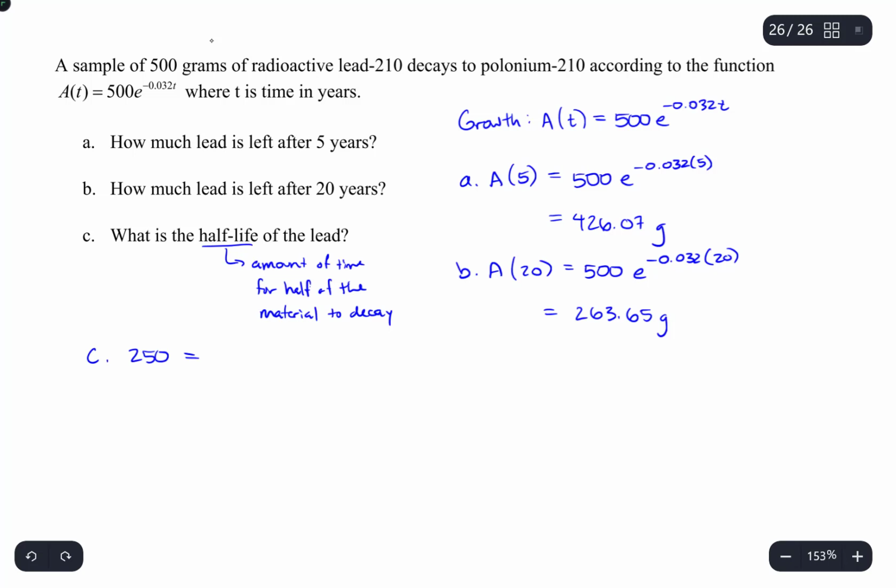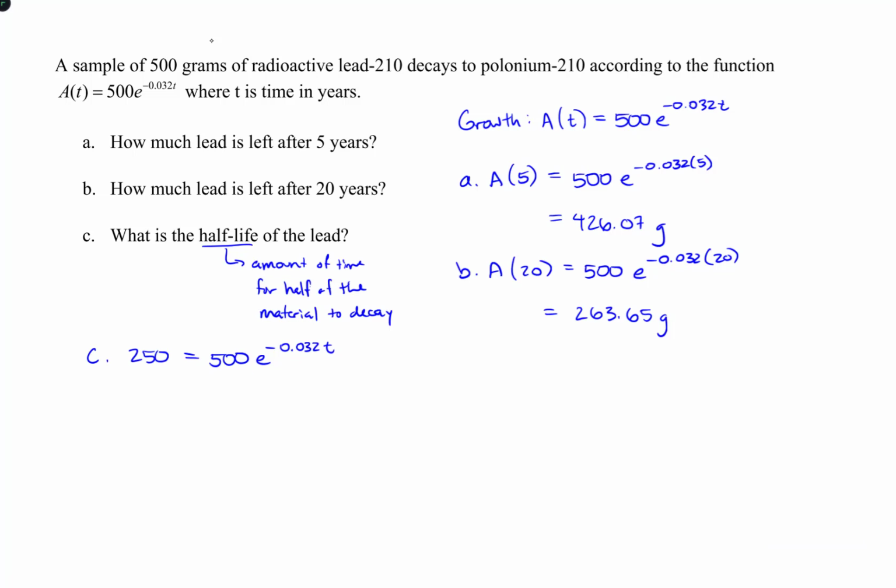So I'm going to set my model equal to 250 so that I can solve for the amount of time it's going to take to decay to that amount. So 250 equals 500 e to the negative 0.032 times t, which is the amount of time that I want to learn.